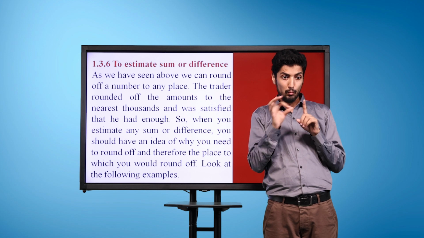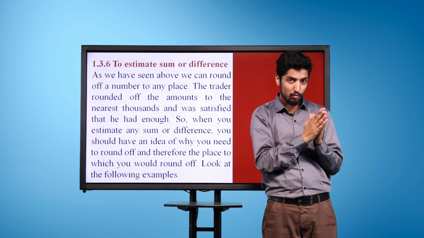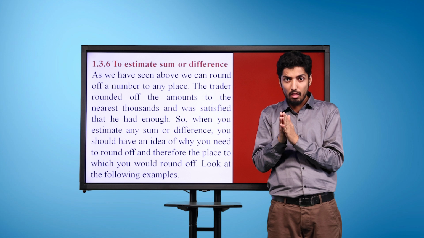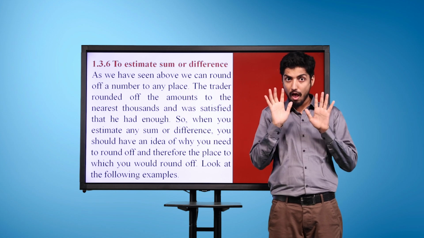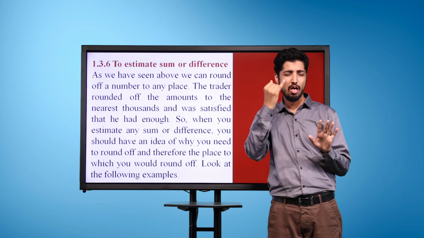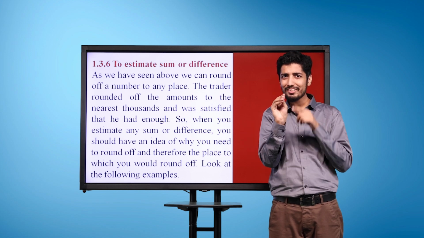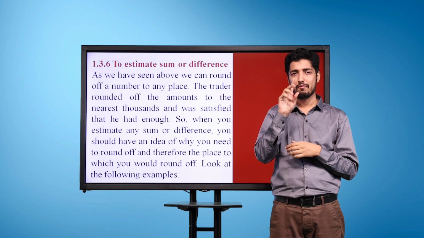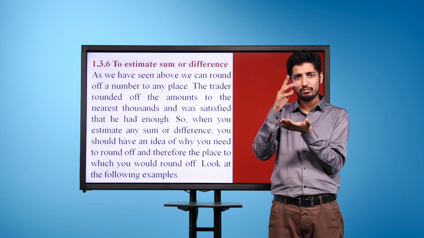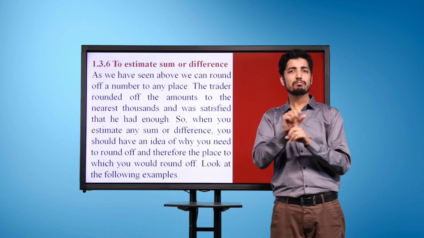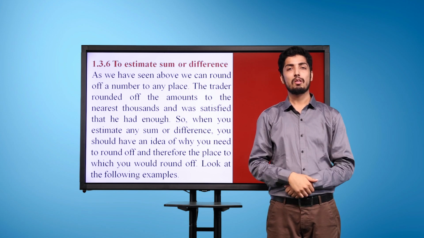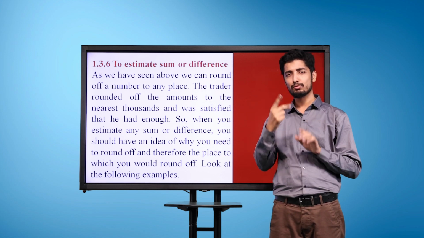So when you estimate any sum or difference, you should have an idea of why you need to round off and therefore the place to which you would round off. Look at the following examples.